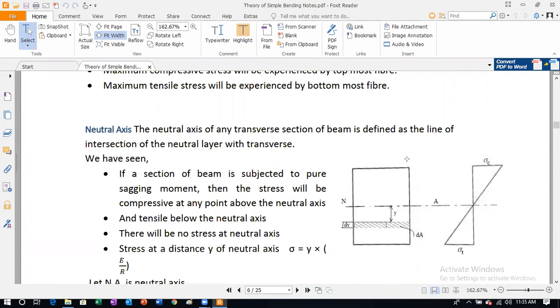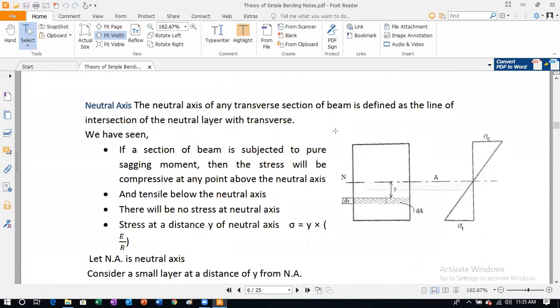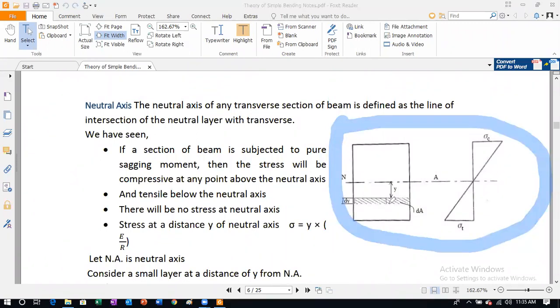Okay, now we are again with this diagram. This is the rectangular section of the beam having a layer of small length dy at y distance from the neutral axis.